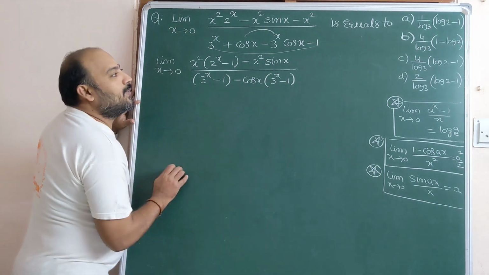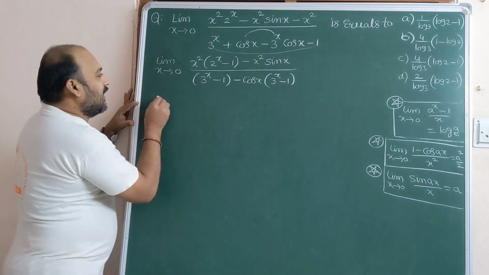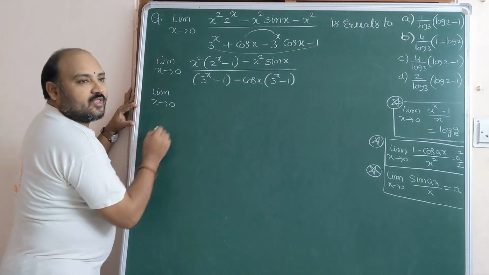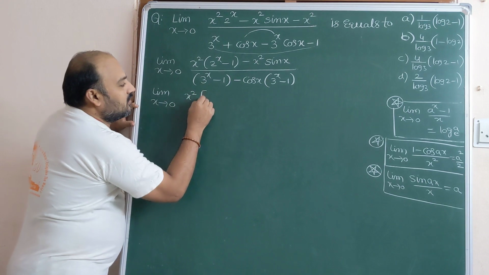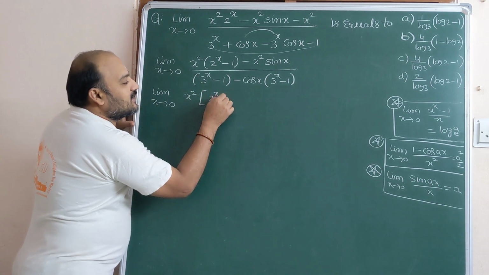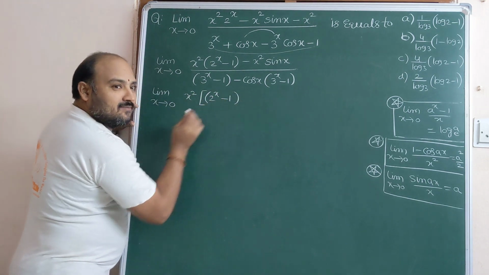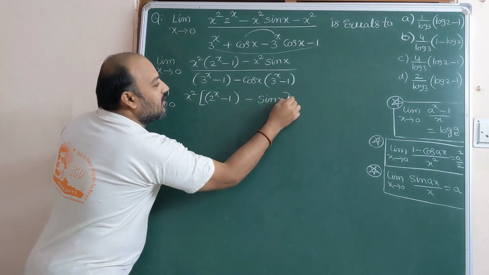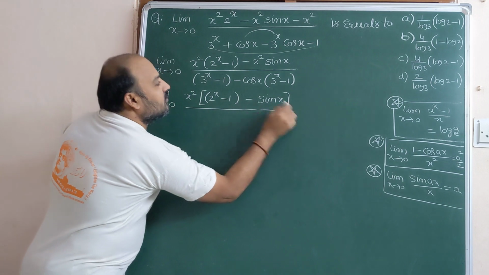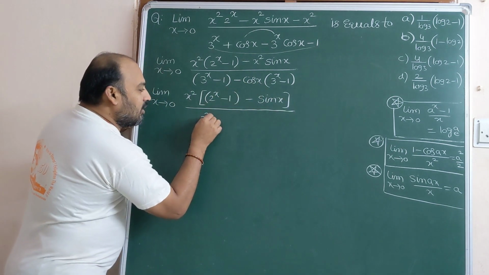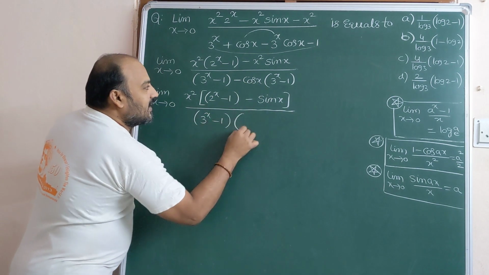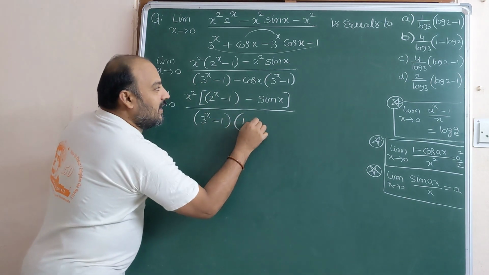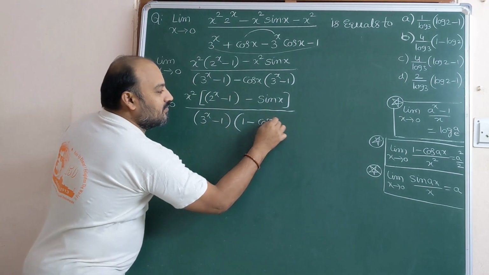In the next step, in the numerator take x² common: limit x tends to 0, x² (2^x − 1), this is one term, minus sin x, divided by (3^x − 1) taken common. The rest of the term is here: the coefficient of 3^x − 1 is 1, minus cos x.